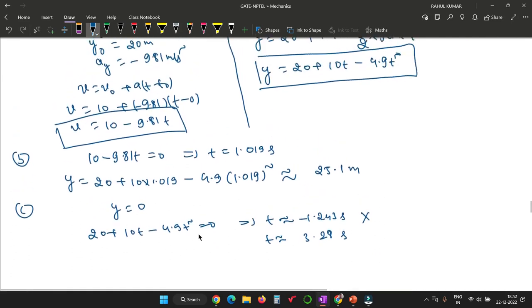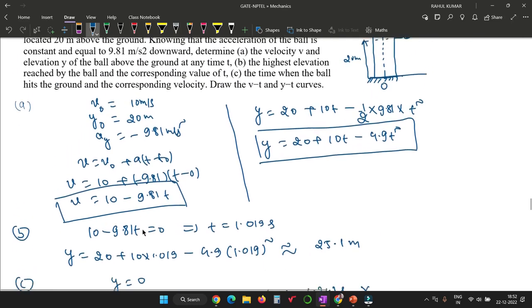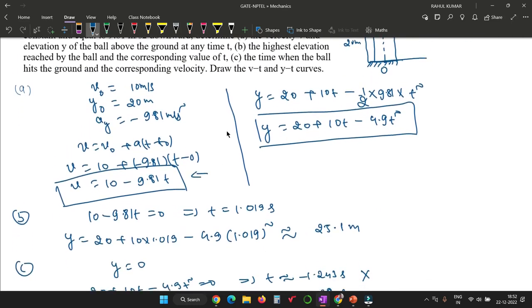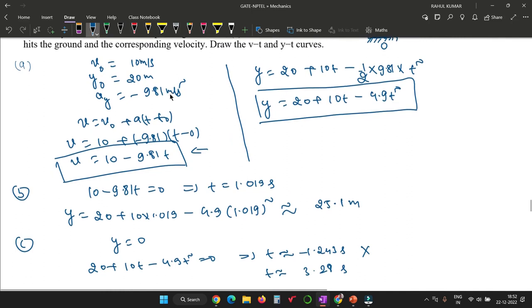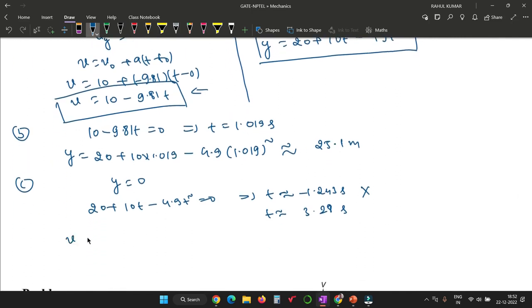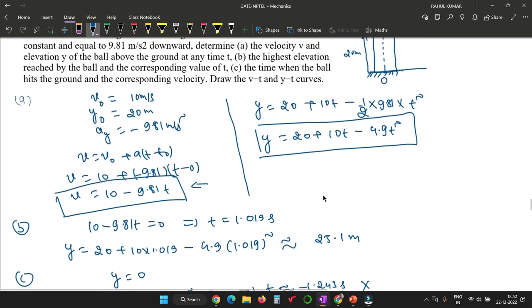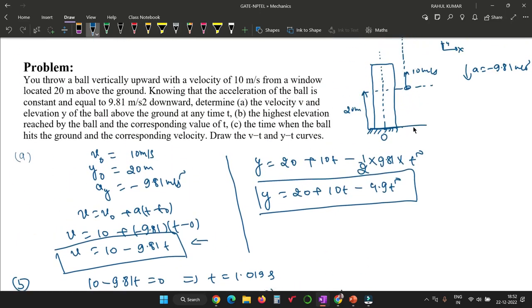Now you substitute this t in the expression of velocity v, because it is asking for the corresponding velocity. So v equals 10 minus 9.81 into 3.28, and you will get minus 22.2 meters per second. It is authentic because when the ball hits the ground, the direction of the velocity will definitely be in the negative direction.